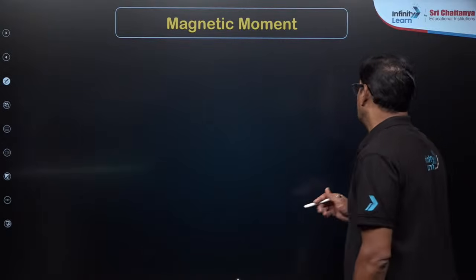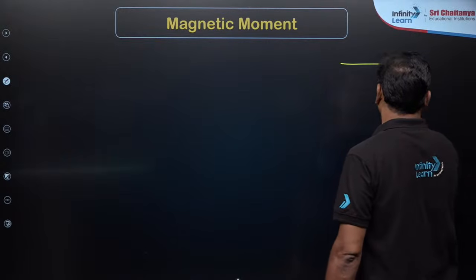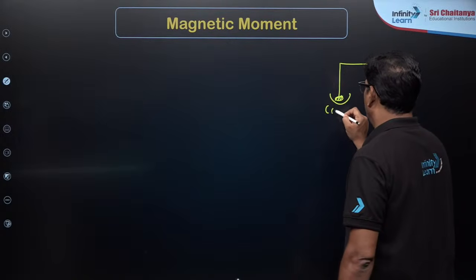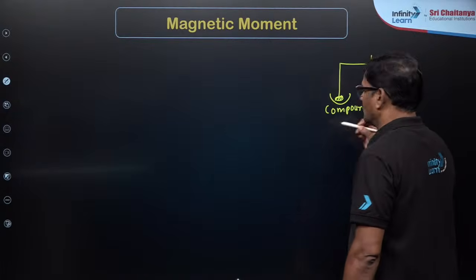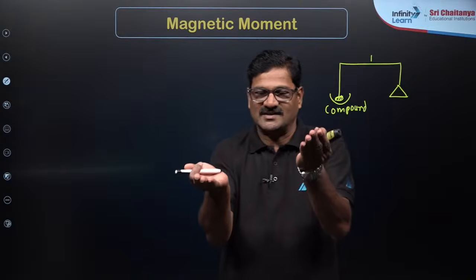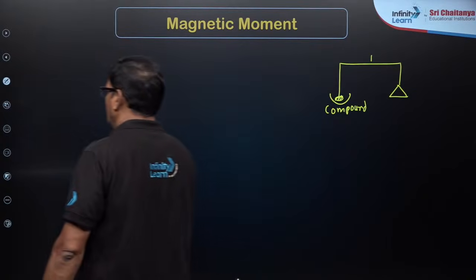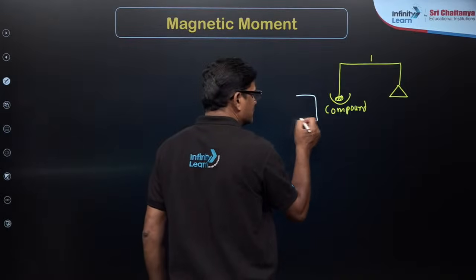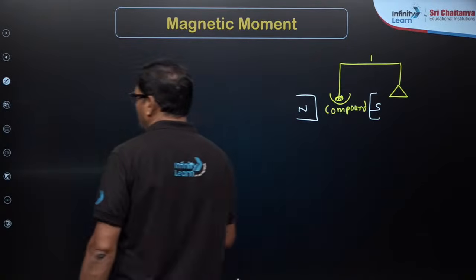So you see here, a compound is placed here, with exactly equal weight. If you put a magnet over here, what will happen?